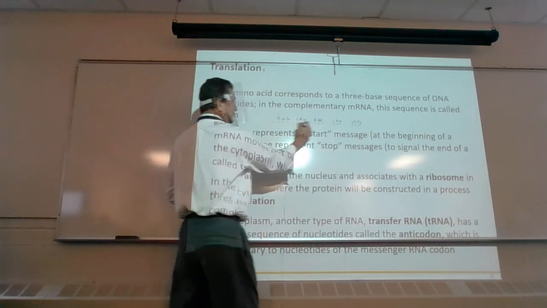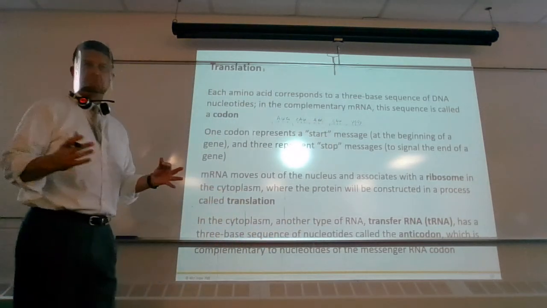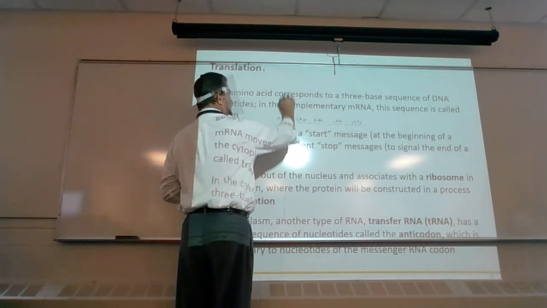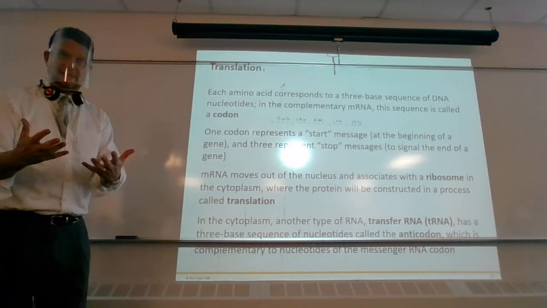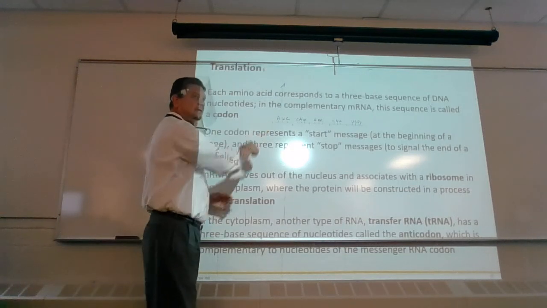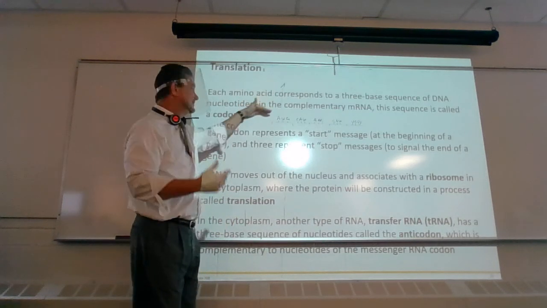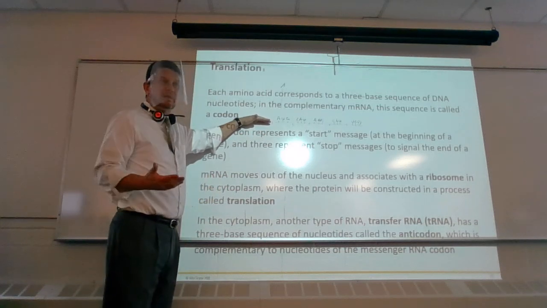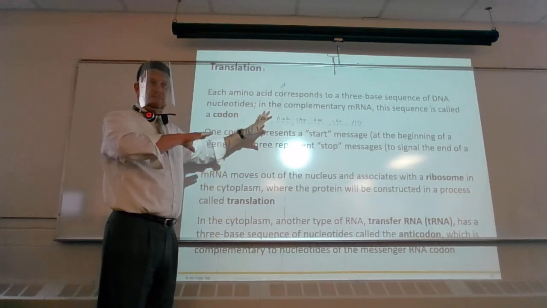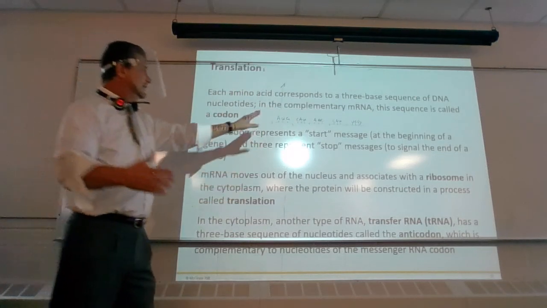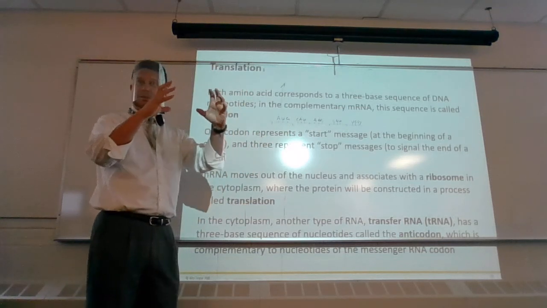So this would represent 5 codons. Each one of these represents some sort of amino acid. I have to translate it from this language to amino acids to make a protein. Does that make sense? This is like Braille, and I can't read Braille, so I need somebody to translate it into written words so I can read it. And they're 2 different things. This is completely different than what the amino acids are. Amino acids are a pretty complicated molecule.